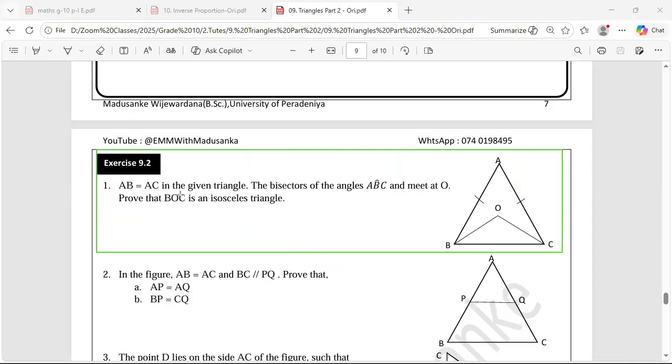AB equals AC, right? The bisectors of the angles ABC and, please correct it as ACB, yeah? ABC and here you should use ACB as well.